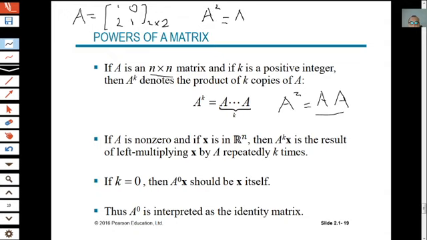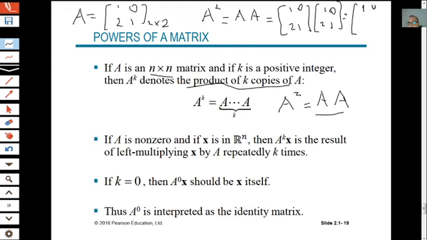So it is A times A, actually, the product of two copies of A according to the definition, namely 1, 0, 2, 1 times 1, 0, 2, 1. And you can find easily it is equal to 1, 0, 4, 1.